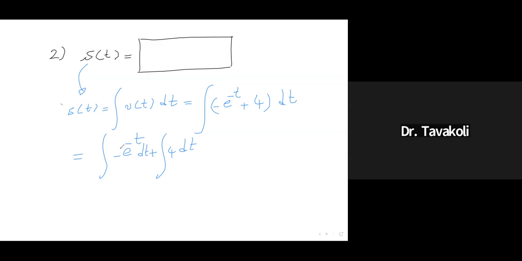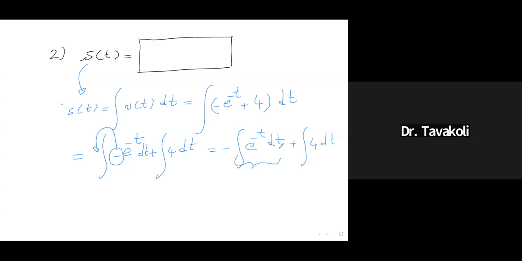So first of all, there is a negative coming out, so this becomes minus the integral of e to minus t dt. The integral of 4 is just 4t, but for now let me keep the integral of 4 dt.